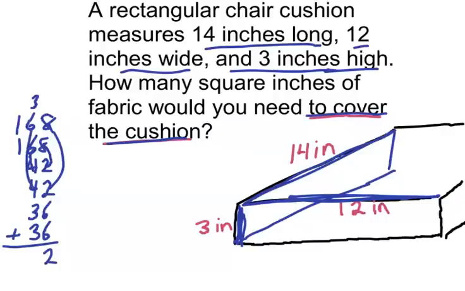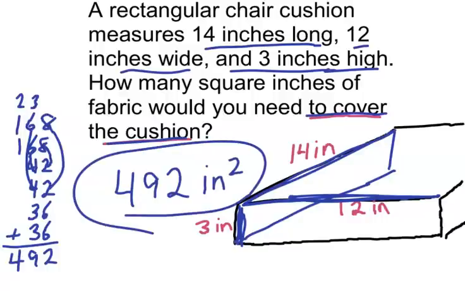So that's 20 plus 9 more is 29. And then we have 2, 3, 4 over here. So it looks like it's 492 inches squared. Okay, that's how much would be needed to cover the entire cushion.